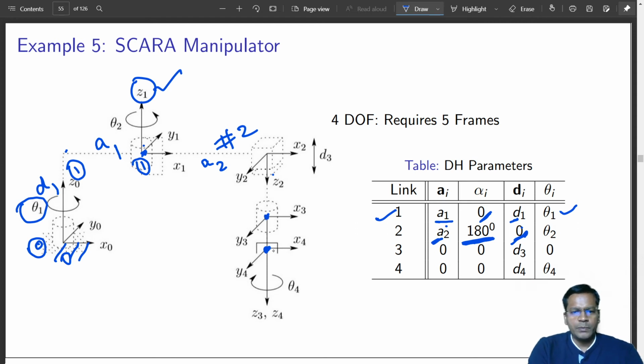This point 4 can now rotate with respect to the vertical axis by some angle. First of all, let me put this also.